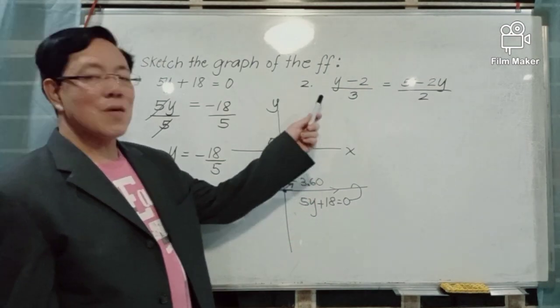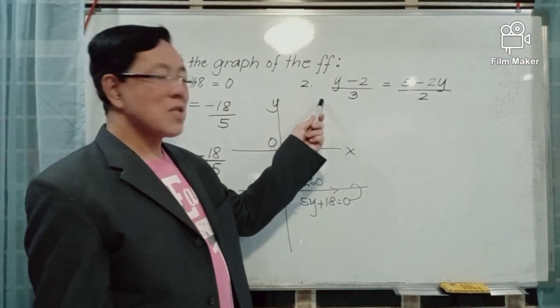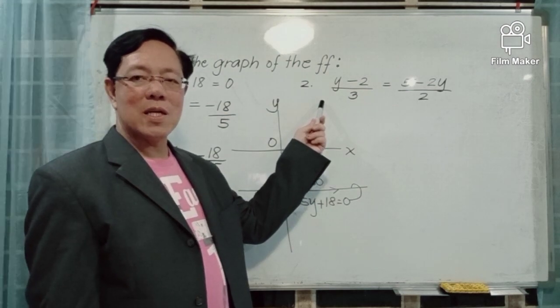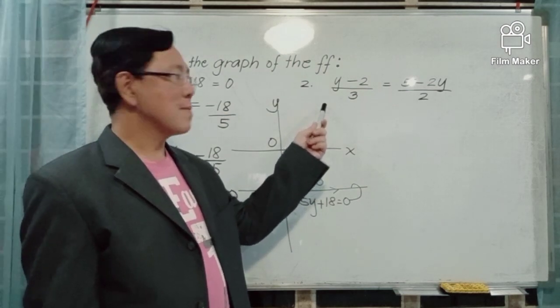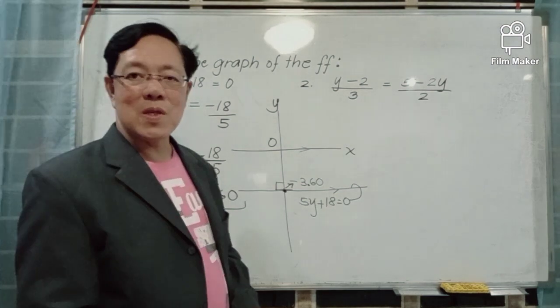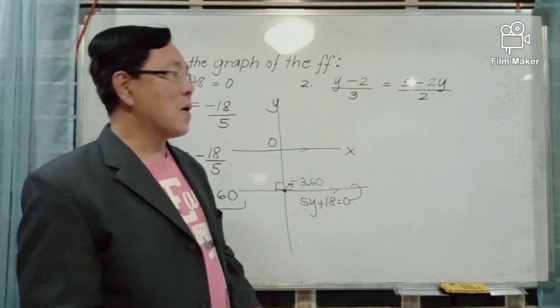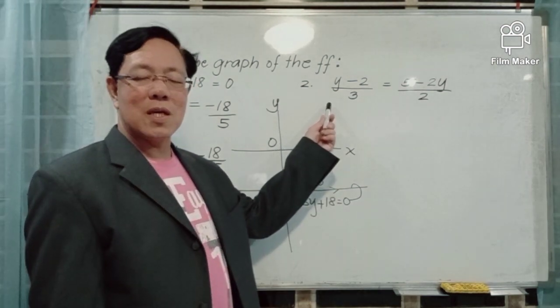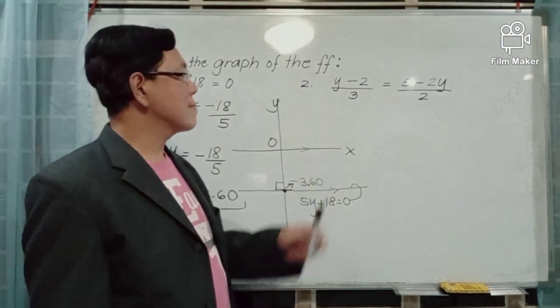Now we sketch the graph of this equation in number 2. It's also a linear equation in y. And the first step is to solve for y from this linear equation in one variable y.